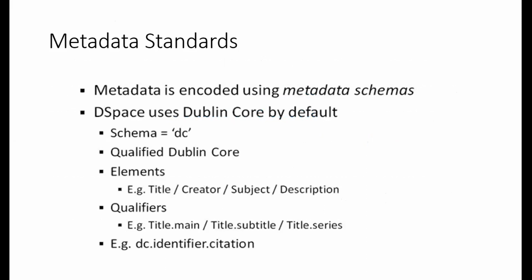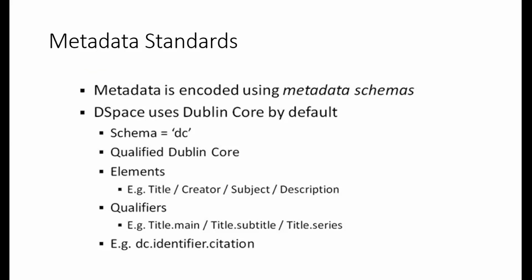Now, just a little bit about the standards. The main standard used by DSpace is Dublin Core, as I said earlier. And the reason it's called qualified is because this system is a schema, which pretty much means a structure, that has different elements, about 15, which we're going to look at in a bit, and then has qualifiers.